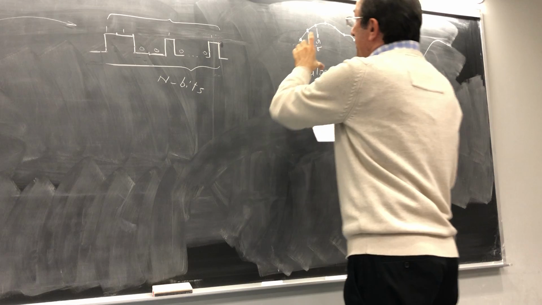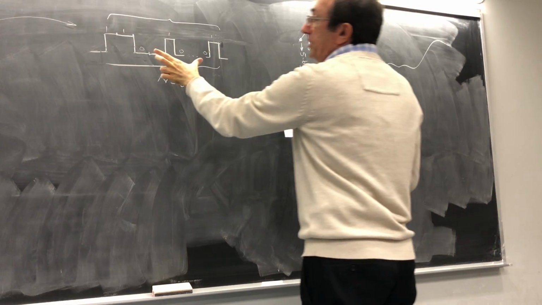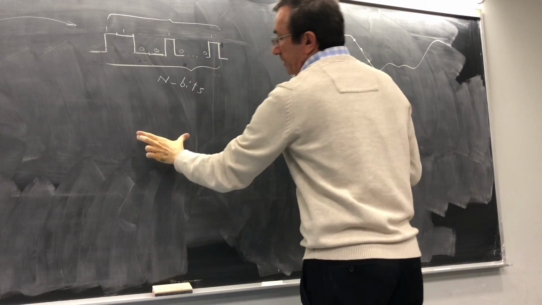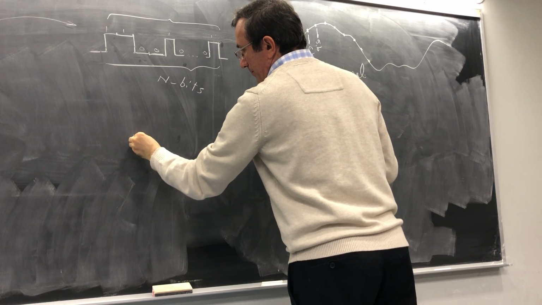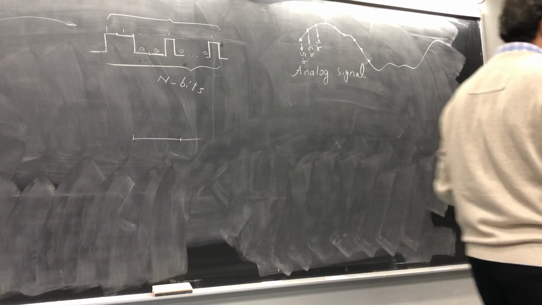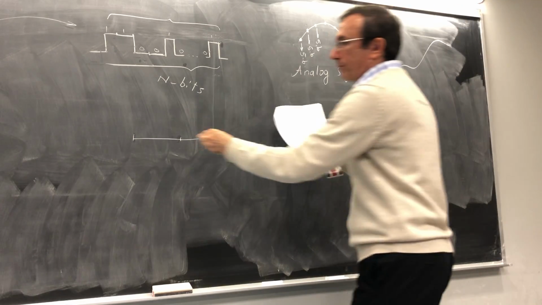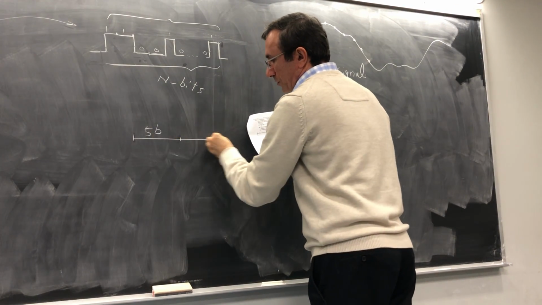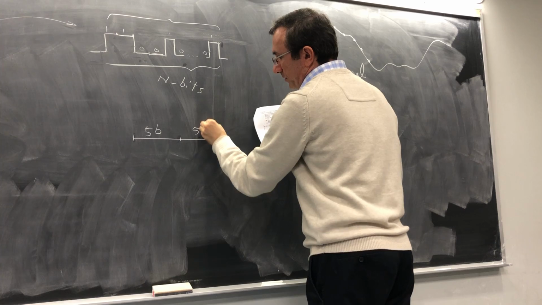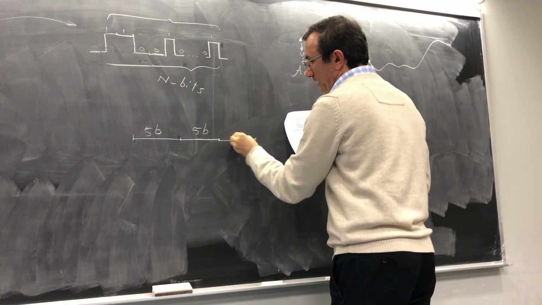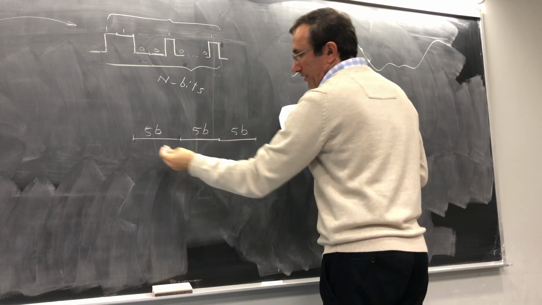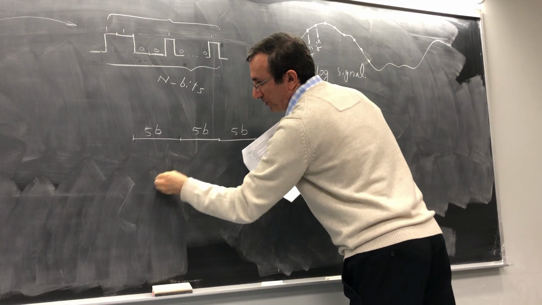So for each sample, we take 5 bits, we put them next to each other and send them to the outside. Right, so this one is going to be the PCM signal.